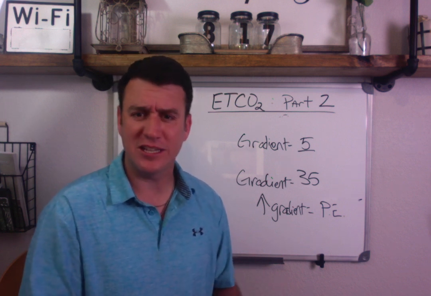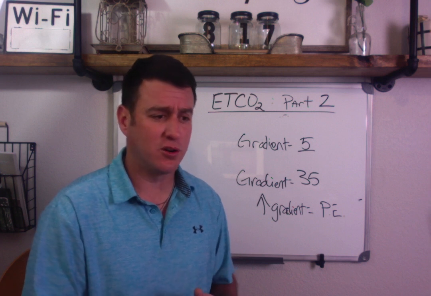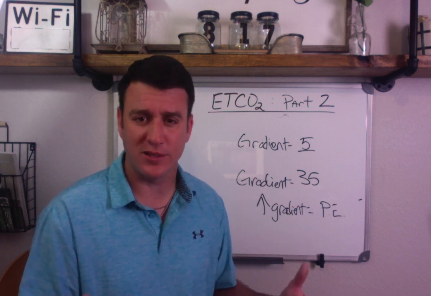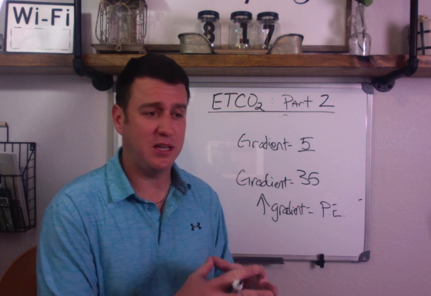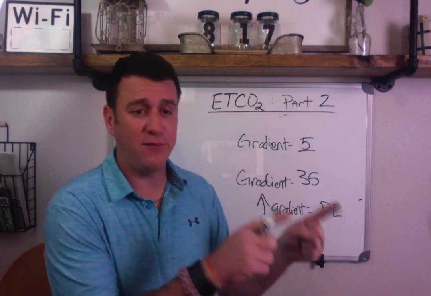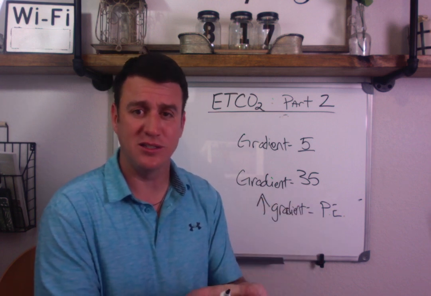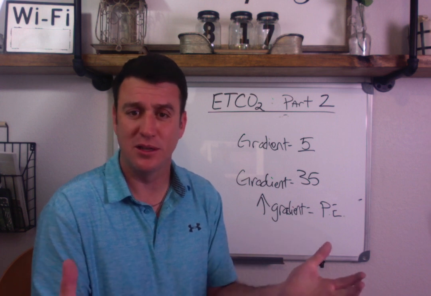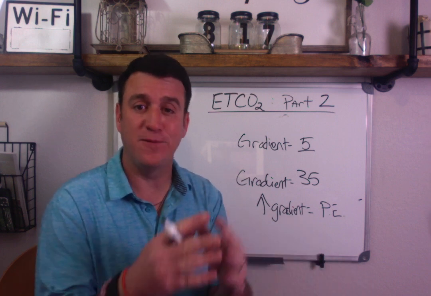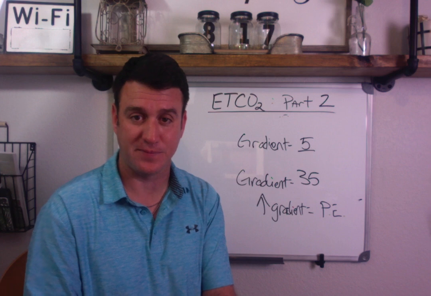Okay, we use end-tidal CO2 also during cardiac arrest. Why do you think we use it during cardiac arrest? You use it because if there's no blood flow coming back to the lungs, then your ventilation is pointless. We use it to assess the effectiveness of compressions.